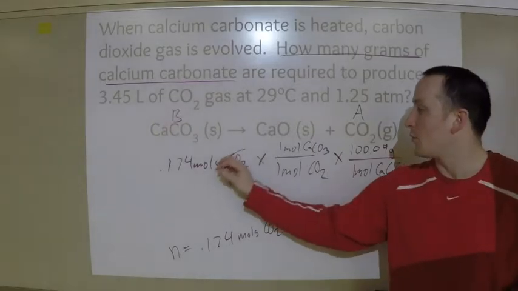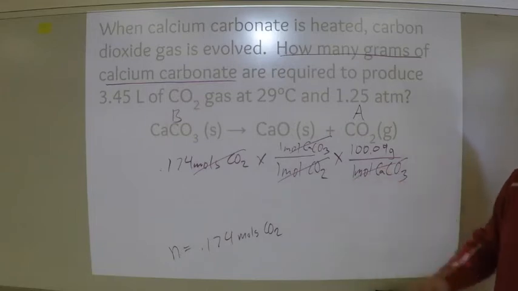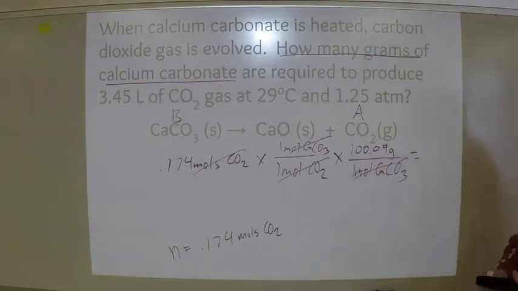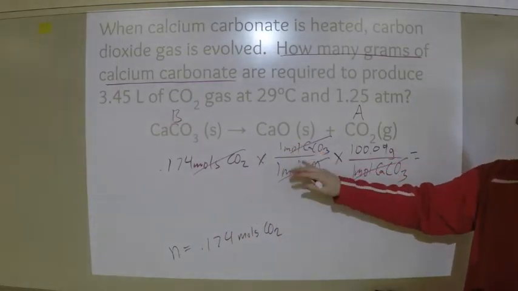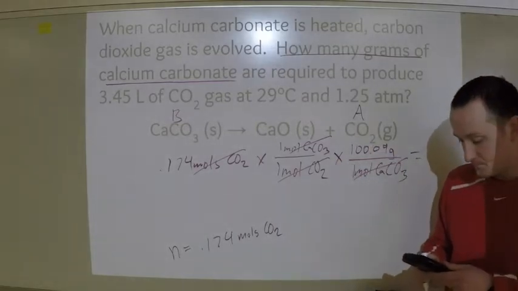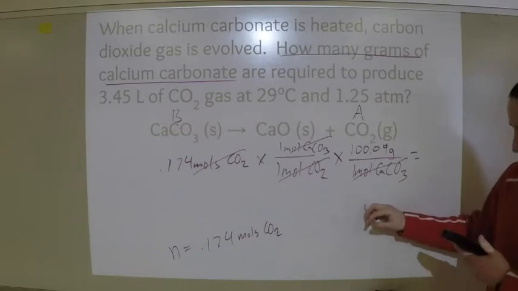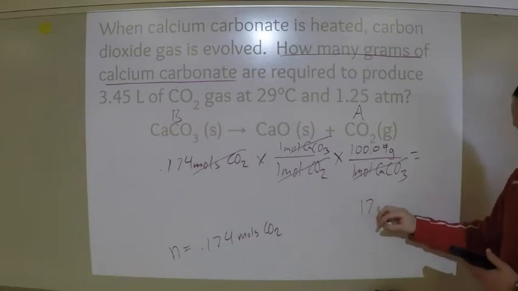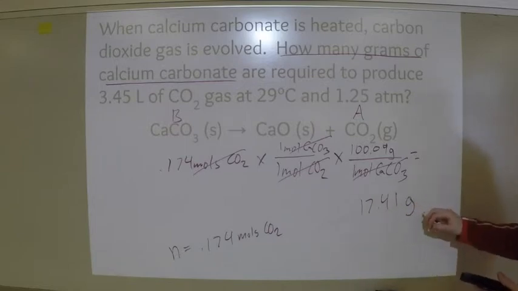Again, my moles of CO2 are going to cancel there and there. My moles of calcium carbonate are going to cancel there and there. So I'm going to do 0.174 times 1 divided by 1, which does nothing, and then times 100.09. And I get that I would have 17.41 grams of CaCO3.